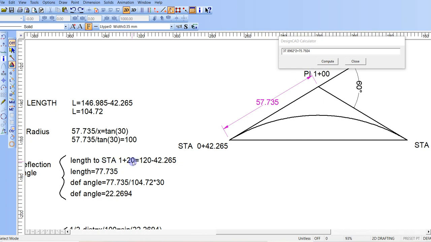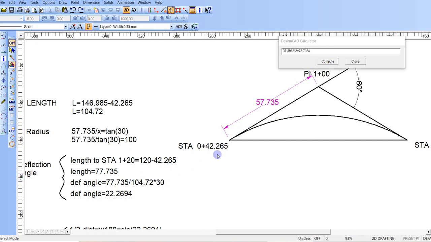Length to station 120 is equal to 120 minus the 42. That gives you the length of the curve between those two points, and that's what you need to use for the calculation. It comes out to 77.735.